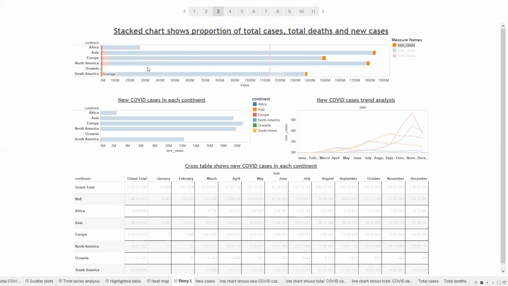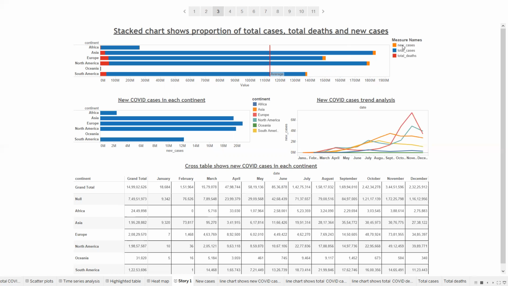So the world average basically determines the world average of new COVID cases. So we can see that all the continents have a higher number of new COVID cases than the world average, right?